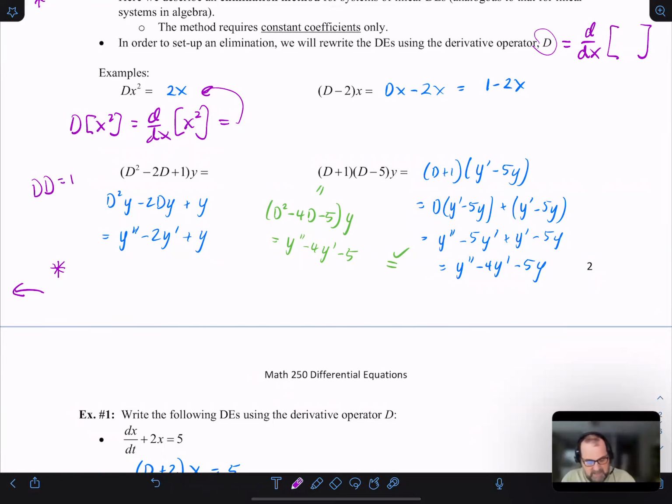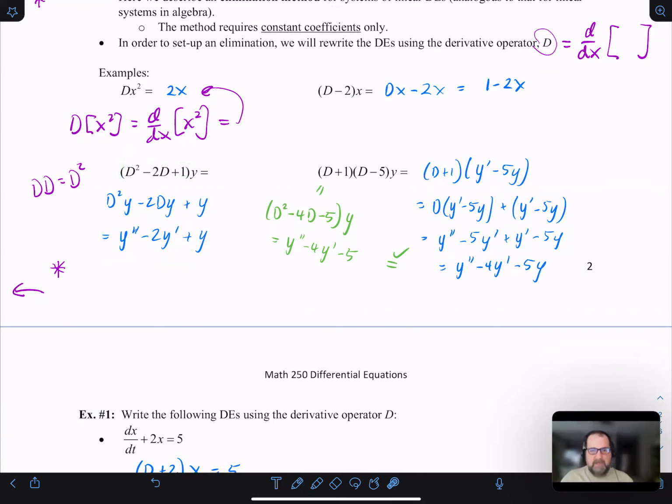D squared is D, D. Yes, it just says take the derivative and take another derivative. So D D acting on y is y double prime. Minus 2D acting on y is minus 2y prime, and 1 times y is y. So this is the very same expression as what we're intending here.